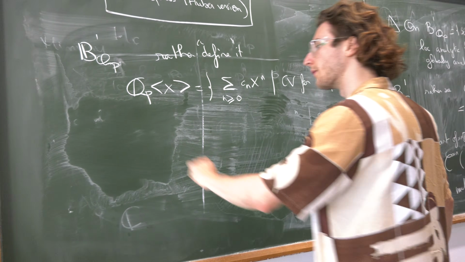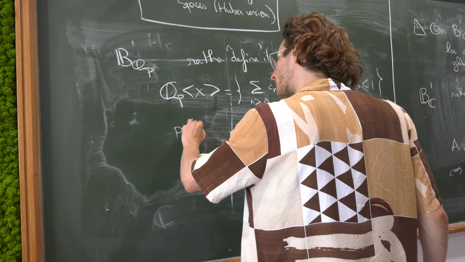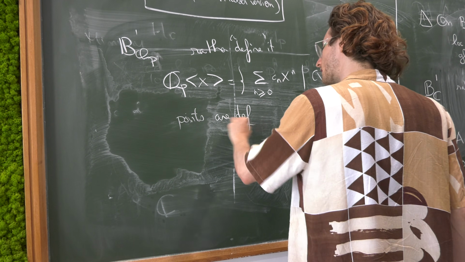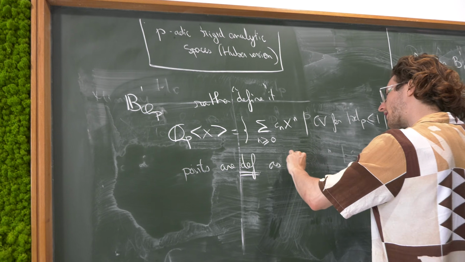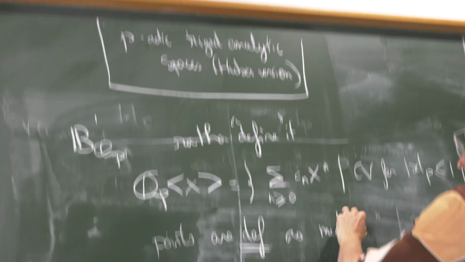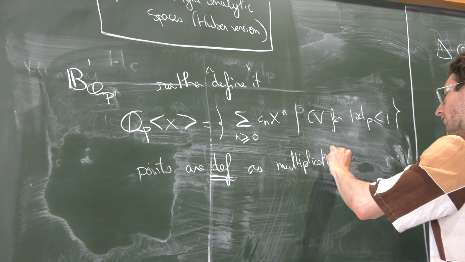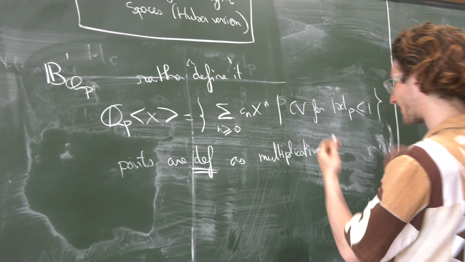And again, I think of the points as defined, in the sense of Huber, as multiplicative semi-norms. It's not perfectly true. I'm cheating a little bit, but that's anyway.